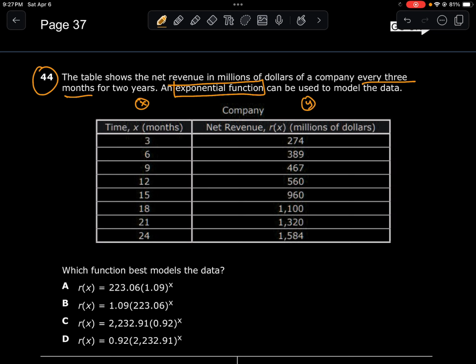Here it doesn't say y, it says r of x. Just keep in mind that usually we put x to the left, y to the right. How do I remember? Left is before r in the alphabet, the same way that x is before y in the alphabet, if you forget.